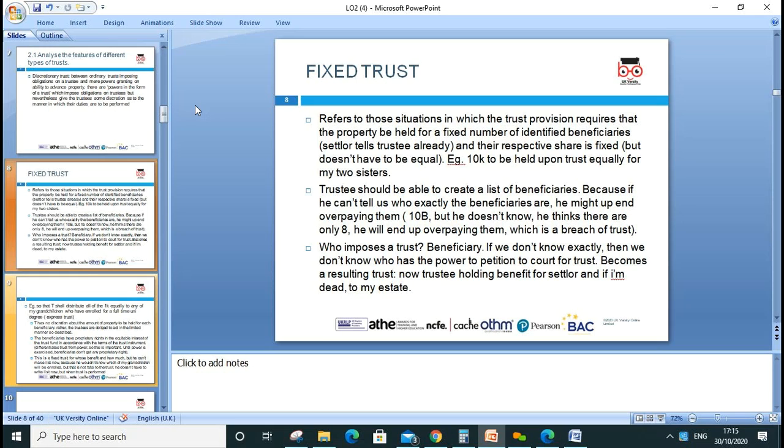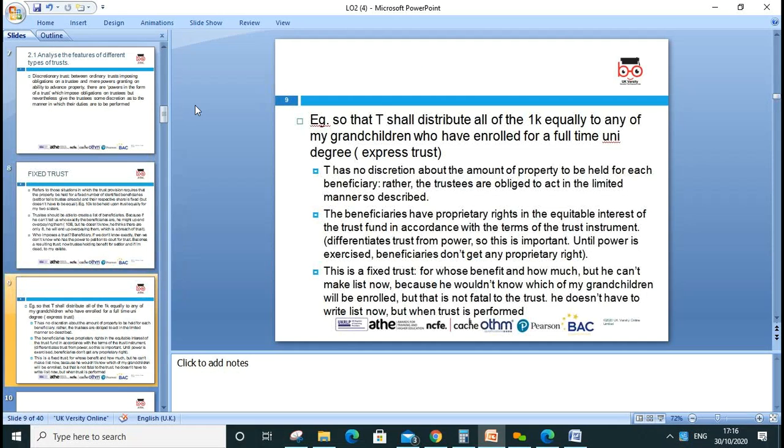Okay. There are the rules. We need to look at what is written. We impose the trust, beneficiaries. If we don't know exactly, then we don't know who has the power to petition the court for the trust. It becomes a resulting trust, the trustee holding the benefit for the settlor, and if I am dead, for my estate, my properties too.